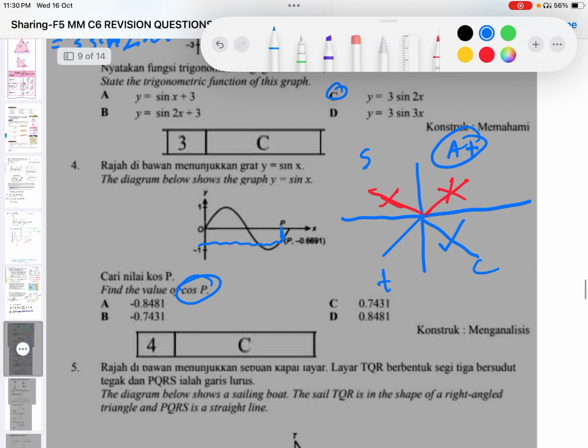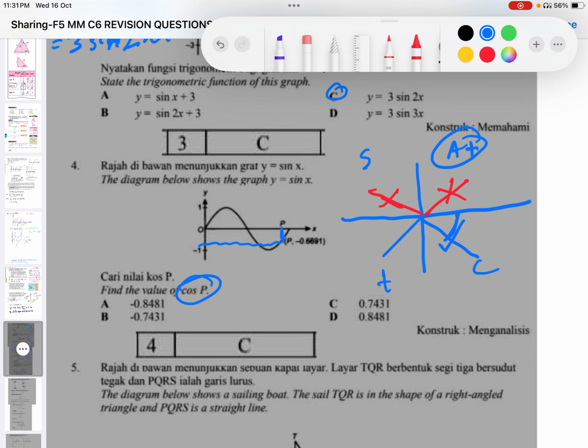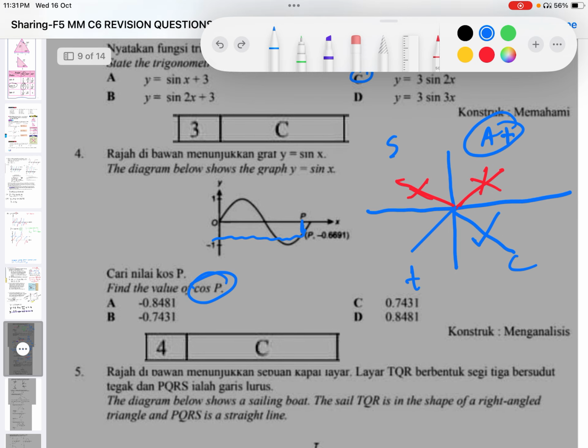So next we find the corresponding angle to this. Oh no, what's the value of cos p only? We're looking too far. So just using the calculator, finding the value of y equals sin p, negative 0.6691 first.